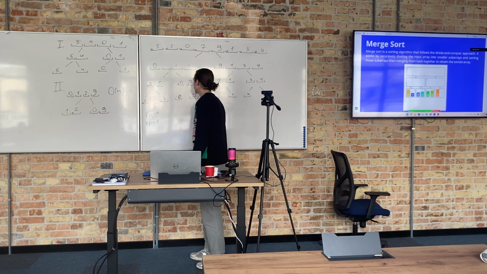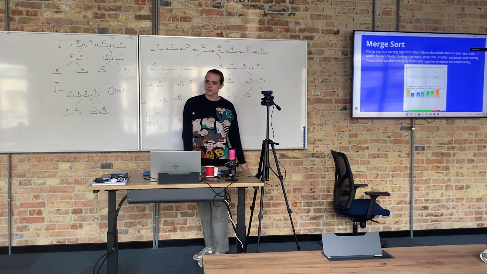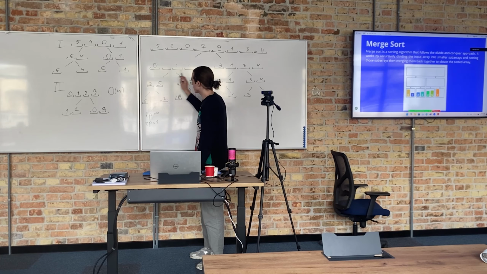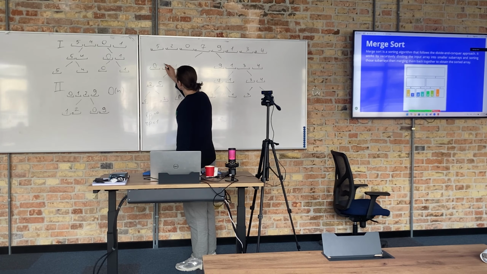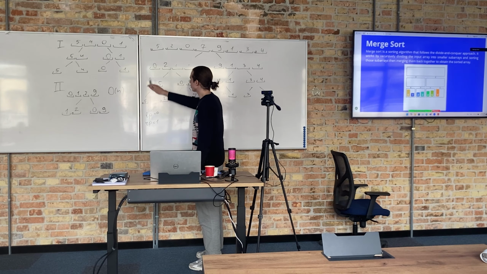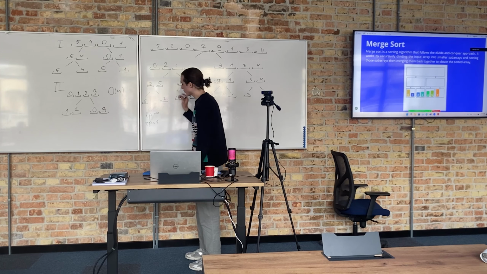So now we compare what elements? 2 and 7, because our LP is 0 and our RP is 1. We compare 2 and 7. 2 is less than 7, so we merge 2 to the second element in our merged array. And what do we do?